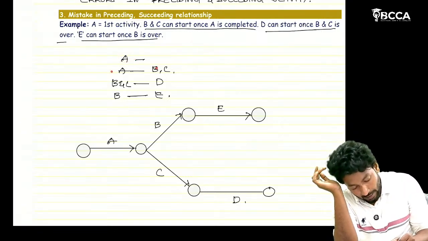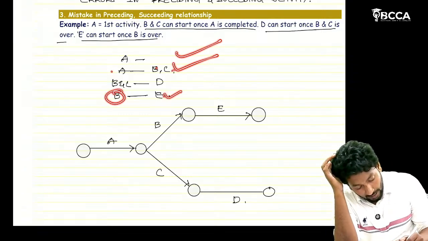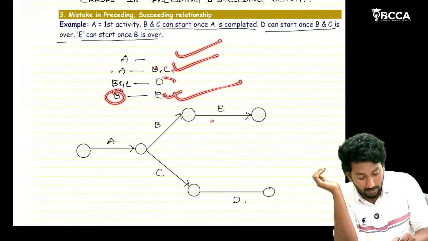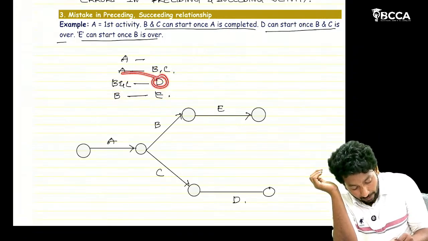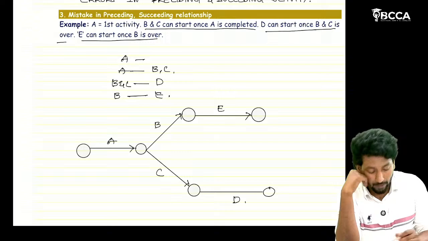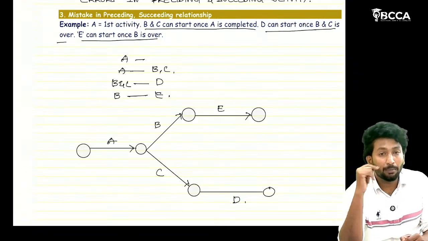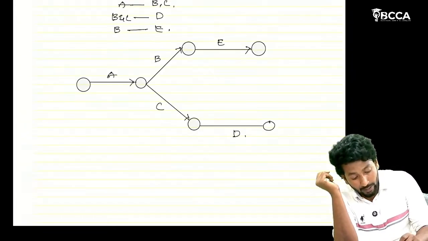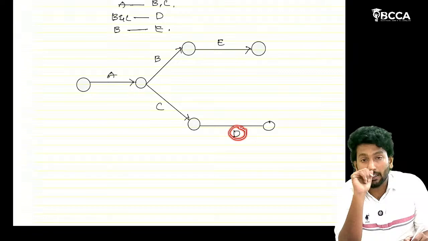After A ends, B and C can start. Yes, satisfied. This condition also satisfied. But this condition is not getting satisfied. Look at this one, sir. Okay, D is having B and C as preceding activities. But here, D is having only C as preceding activity. That's why we need to give the meaning like D can start only after B and C end.